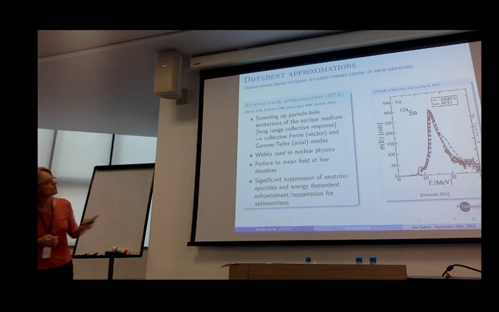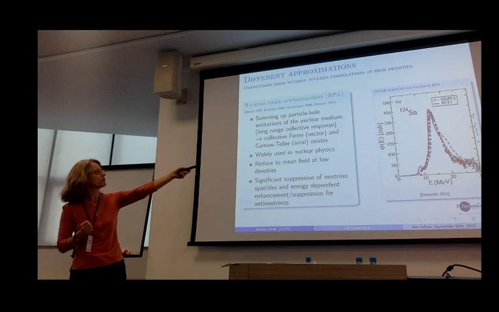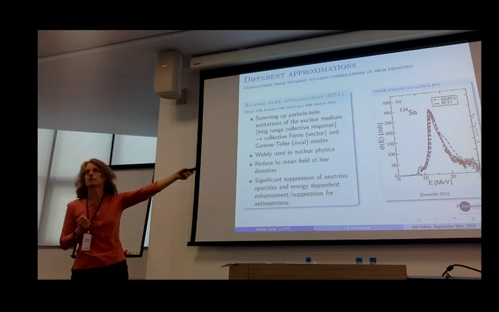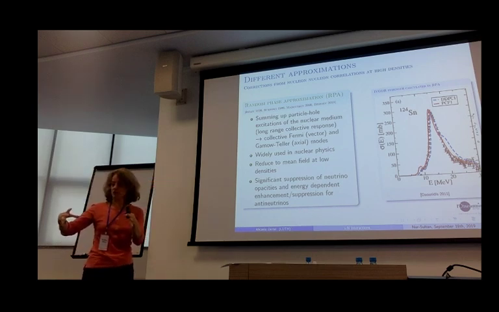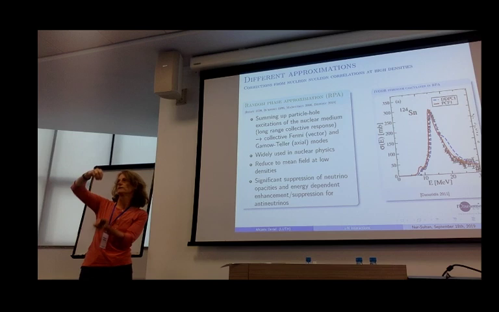For example, what I show here on the right hand side is for the giant dipole resonance. This means you take a nucleus and imagine neutrons and protons oscillating against each other.